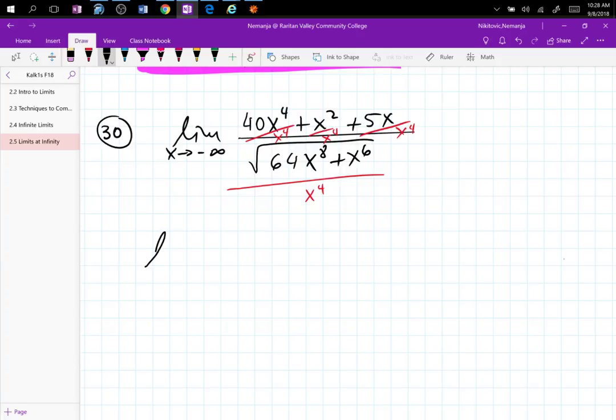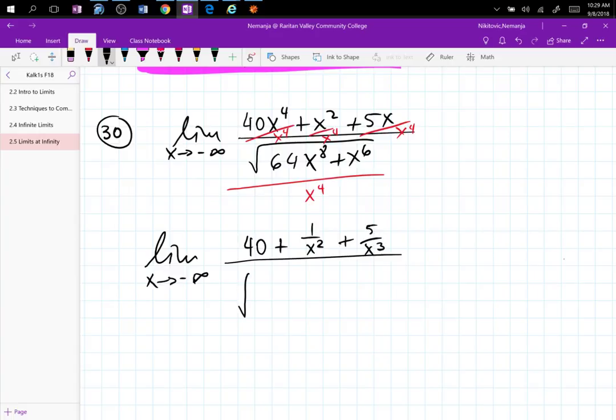So we have the limit, x goes to negative infinity. So now a little bit of algebra over here. We have 40 plus 1 over x squared plus 5 over x cubed. And now we have the square root, I'll write the step, 64x to the 8 over x to the 8 plus x to the 6 over x to the 8.